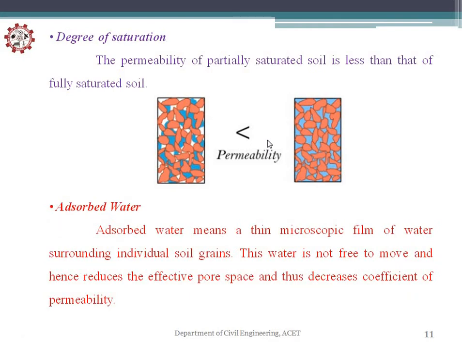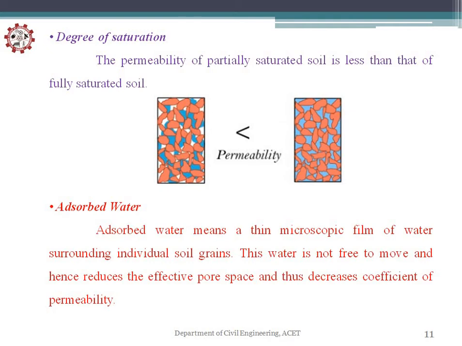Next is absorbed water. Absorbed water means a thin microscopic film of water surrounding individual soil grains. This water is not free to move and hence reduces the effective pore space, and thus decreases the coefficient of permeability. It just surrounds the soil particle, like bulking of sand, and increases the volume of the soil.